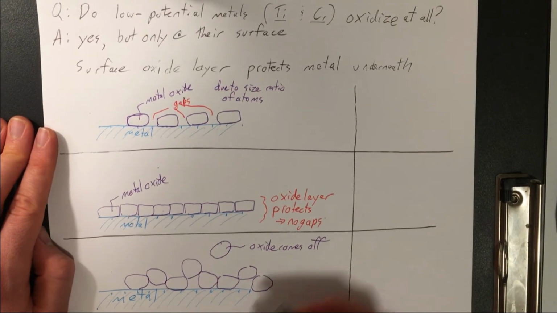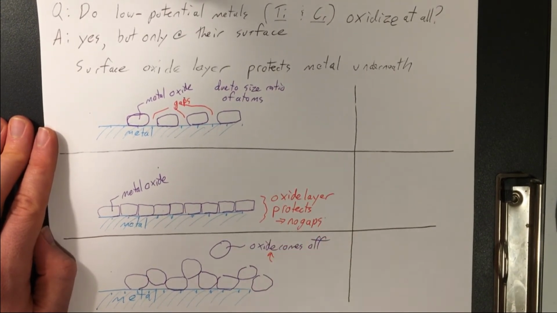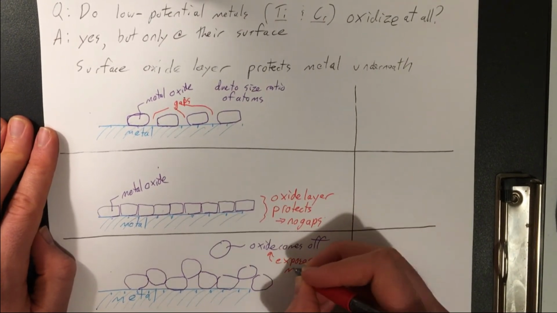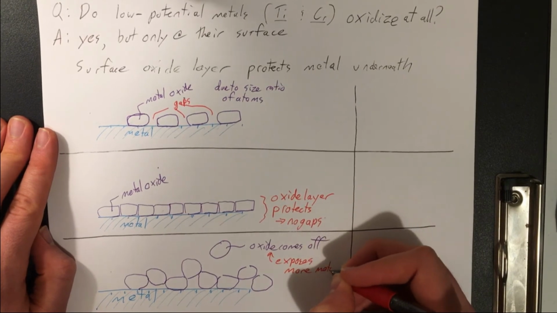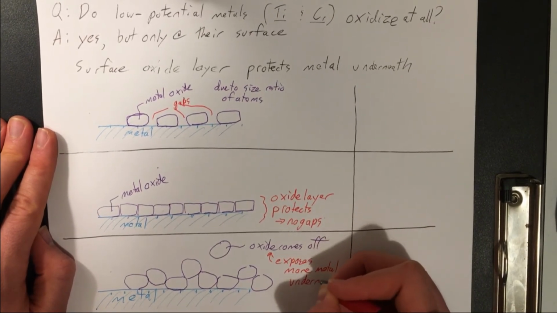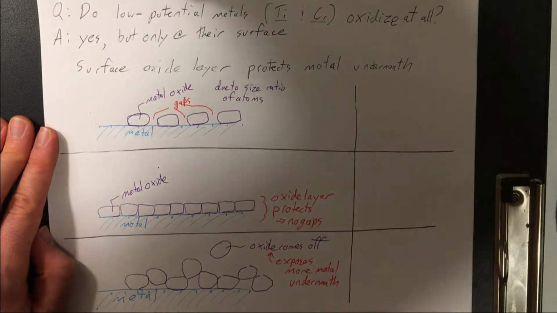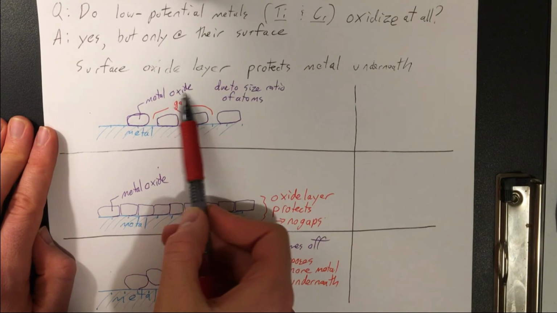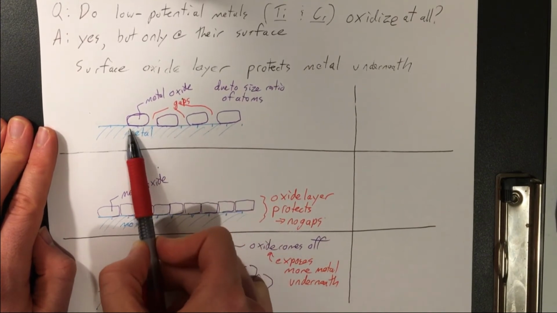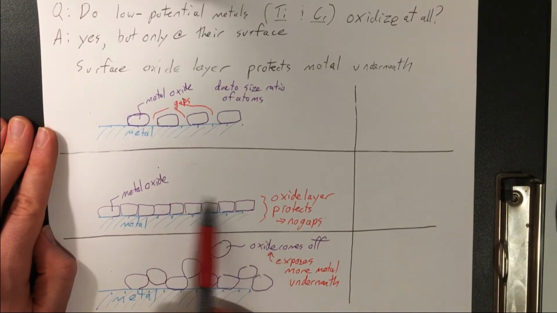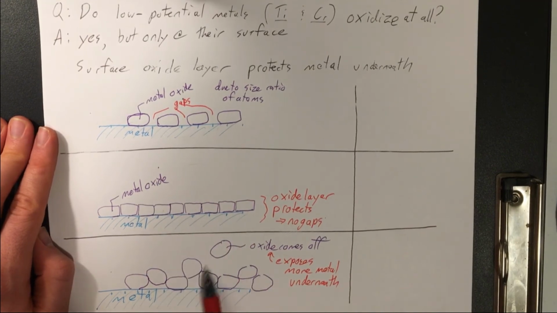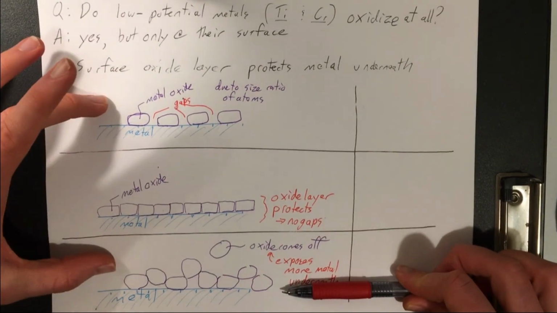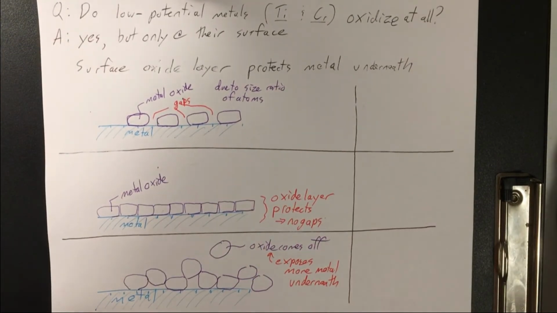So in this case, oxide comes off, and this exposes more metal underneath. So here, there are gaps because the metal oxide is too small compared to the unit structure of the metal. Here it's just right. Here the oxide's too big. And in this case, you could get corrosion, and in this case, you get no corrosion.